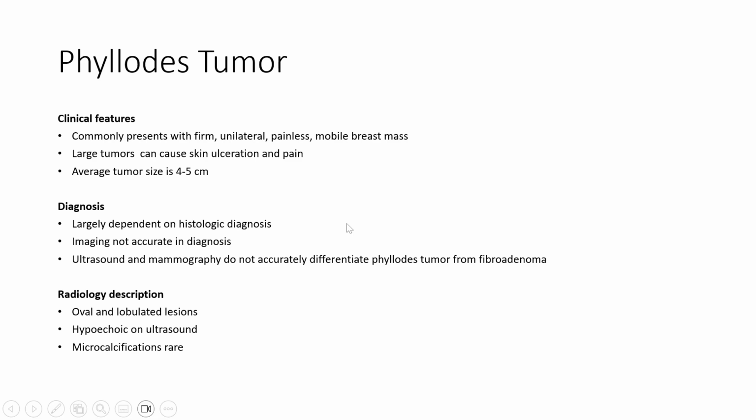The clinical feature is just similar to fibroadenoma, just the size may be larger. For diagnosis, usually radiology cannot tell the difference between phyllodes and fibroadenoma, so the patient usually ends up with a core biopsy. But even with the core biopsy, sometimes it's really difficult to tell whether this is cellular fibroadenoma or phyllodes tumor.